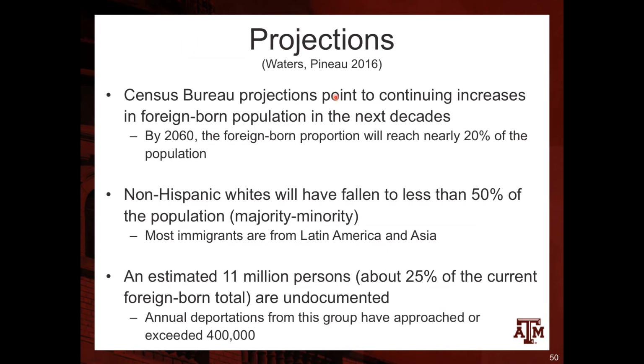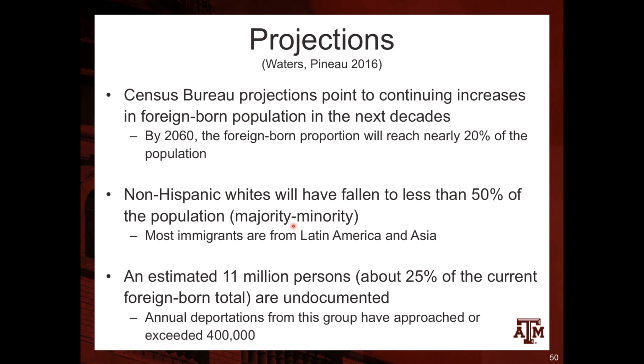And in terms of projections, also from another paper, the Census Bureau projections point to continued increases in the foreign-born population in the next decades. So by 2060, it is expected that the foreign-born proportion will reach nearly 20% of the population, and non-Hispanic whites will have fallen to less than 50% of the population.